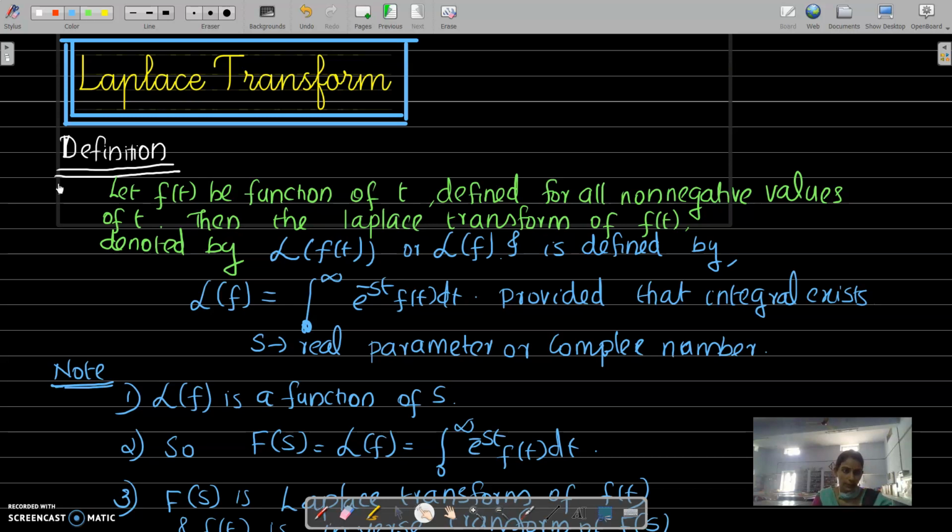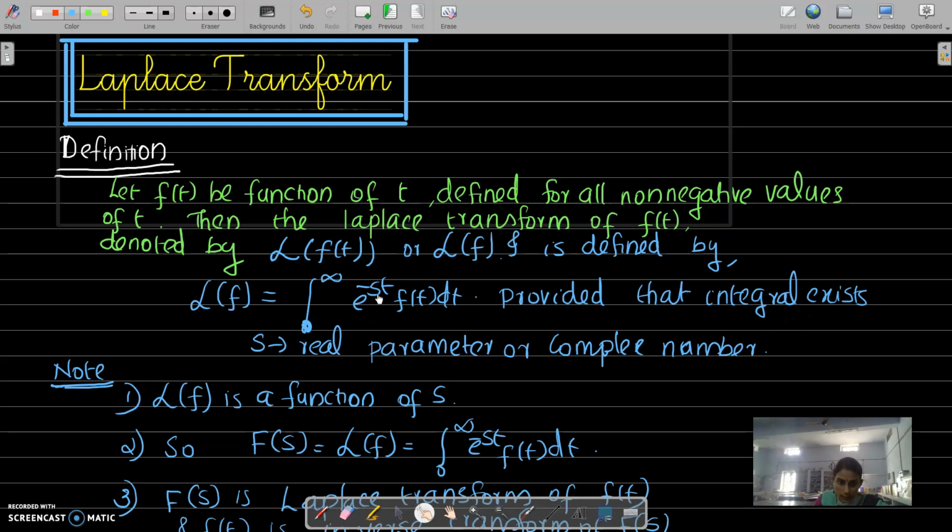Definition of the Laplace transform. Let f of t be a function of t defined for all non-negative values of t. Then the Laplace transform of f of t is denoted by L of f of t, or L of f, and is defined by L of f is equal to the integral from 0 to infinity of e raised to minus st into f of t dt, provided that the integral exists.